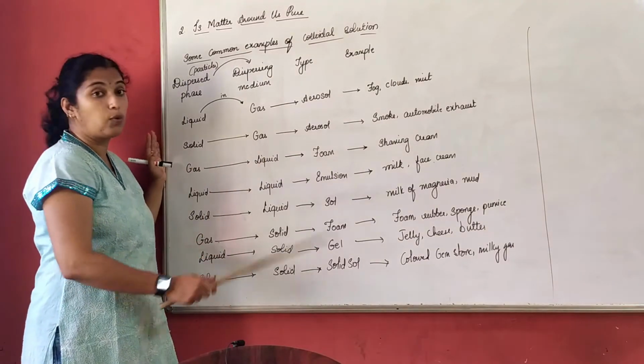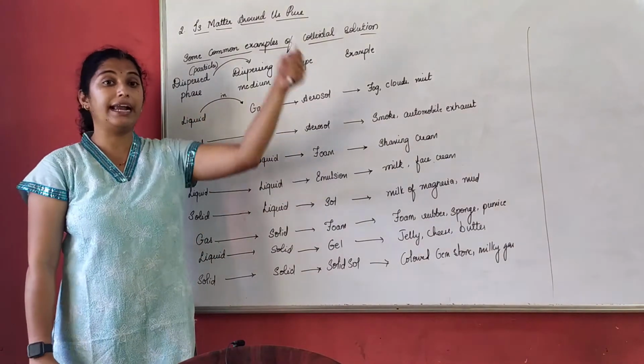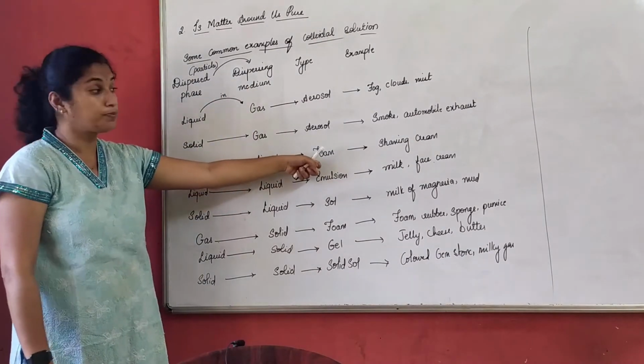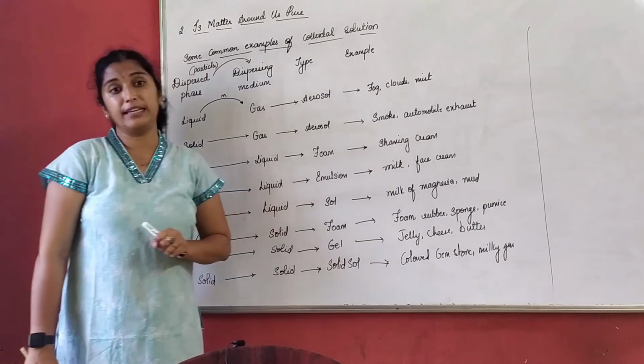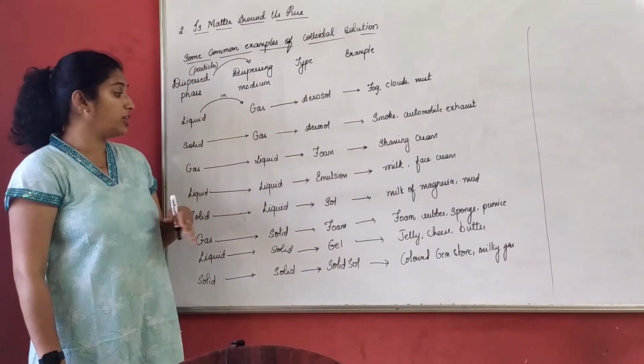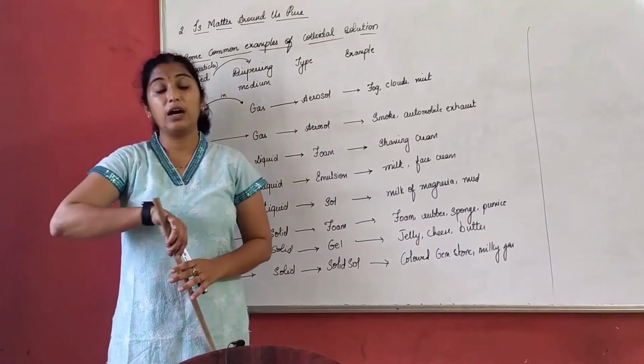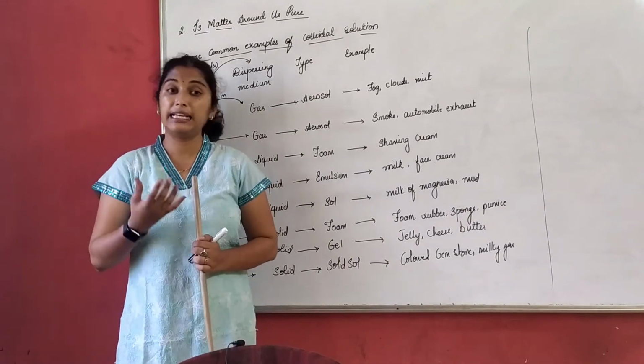Next, gas in liquid. I have a liquid, adding 2 spoons of gas in it. So what do I get? Foam. Example is shaving cream. Let me explain why shaving cream. Liquid form and the gaseous form. Now, what happens exactly in the shaving cream?